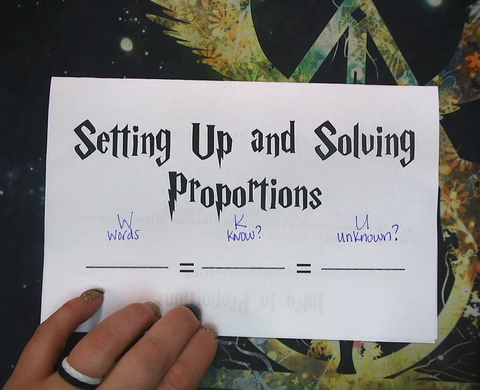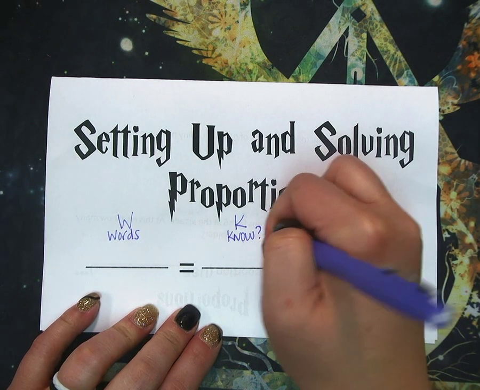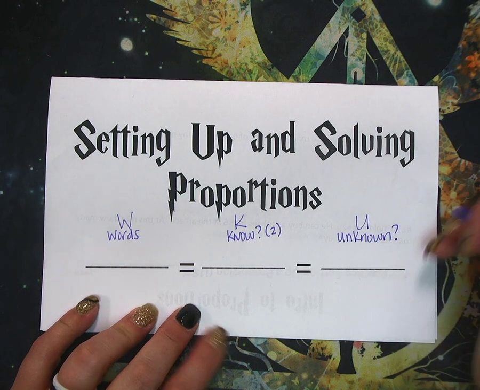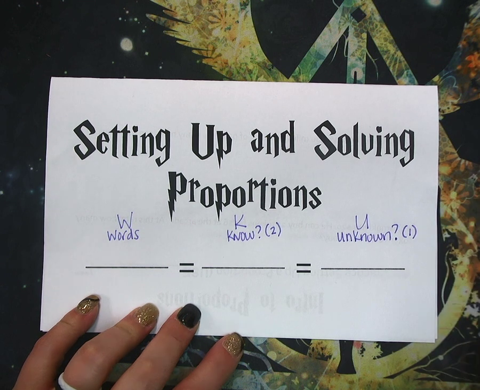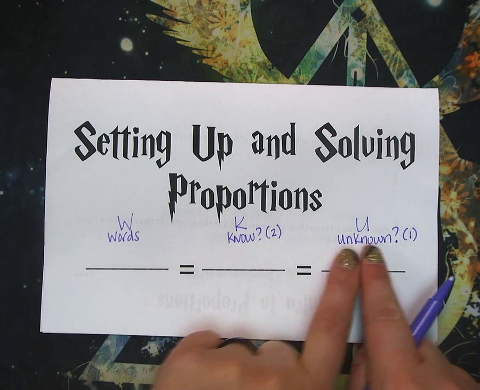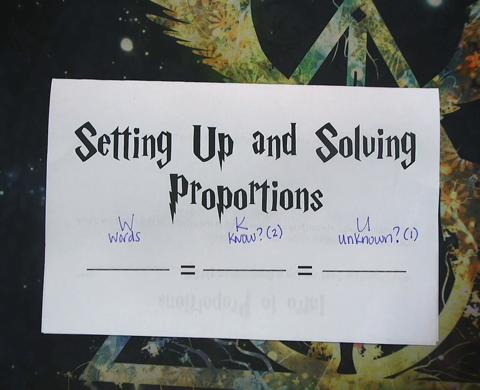Normally what we know is 2 numbers together in the same sentence, and our unknown is 1 number by itself. So words, what do we know, and our unknown, WKU.